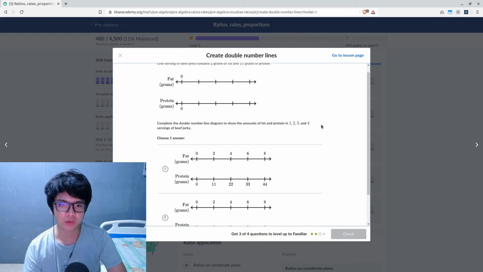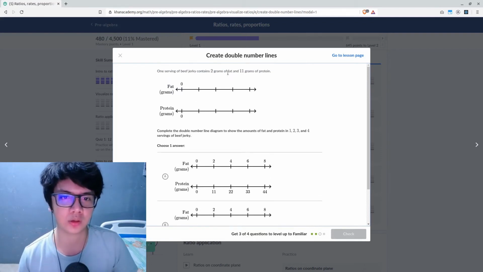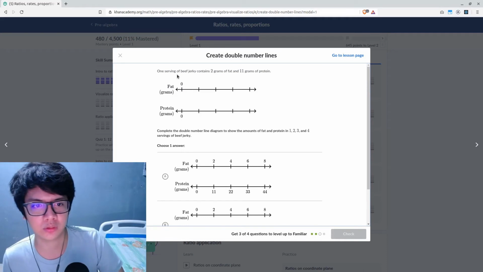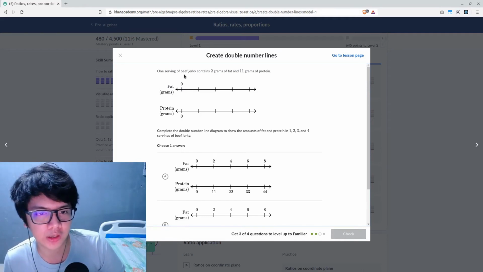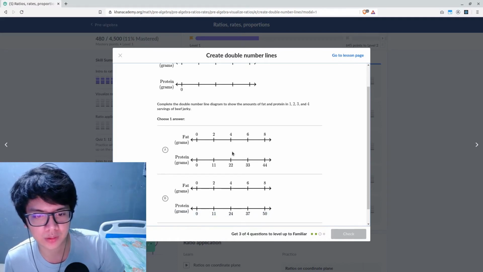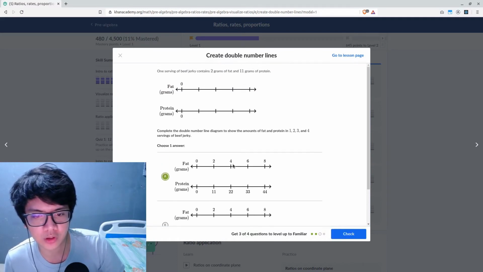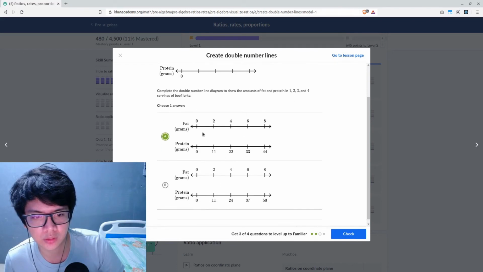In 1, 2, 3, 4 servings of beef jerky. 1 serving of beef jerky contains 2. Okay, so if you have like 2 beef jerky, fat, 14.